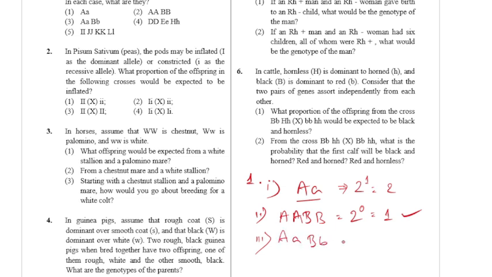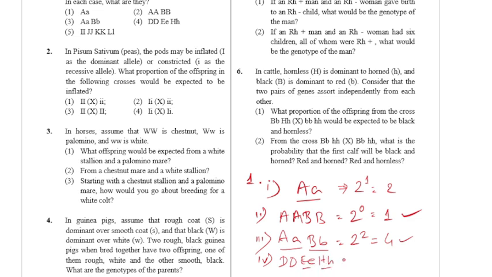Capital B, small b. The formula is 2 to the power n, where n is the number of heterozygous pairs. This is a heterozygous pair, and this is a heterozygous pair, so there are two heterozygous pairs. So 2 to the power 2 means 4 types of gamete will be produced. Case number 4. Capital D, capital E, capital H, small h.